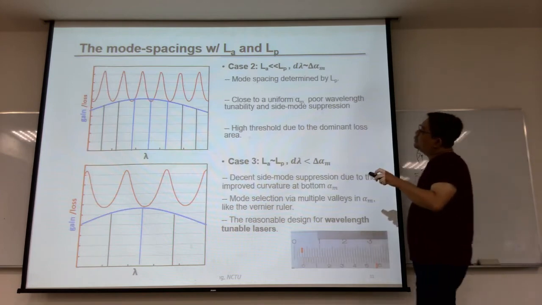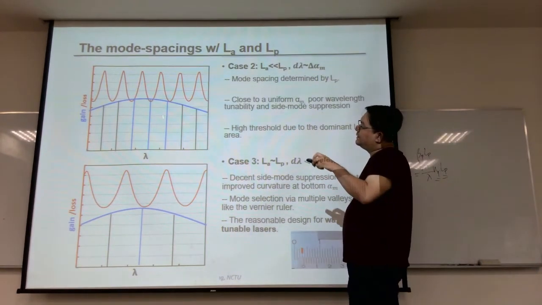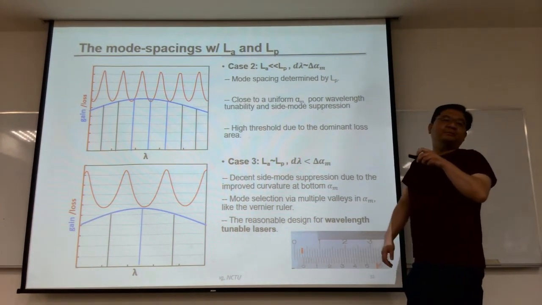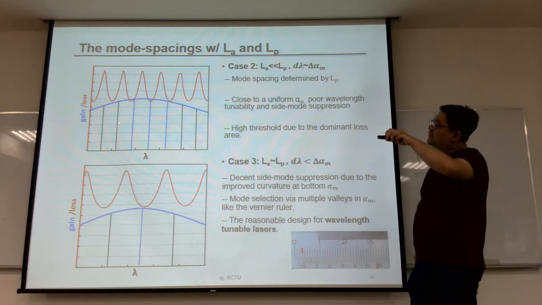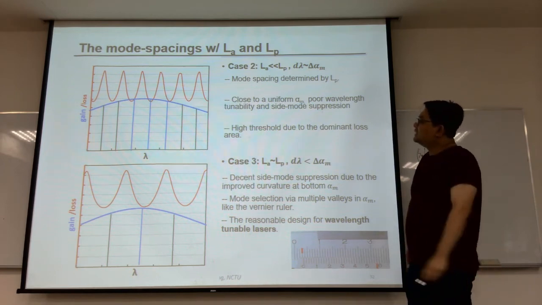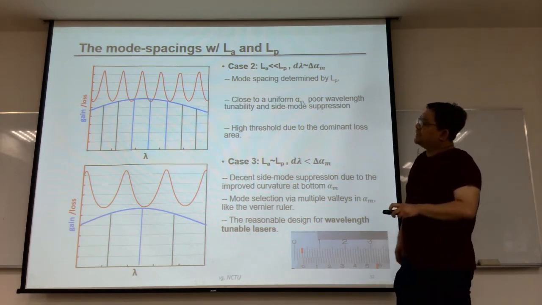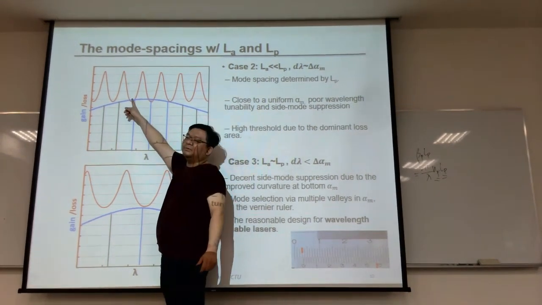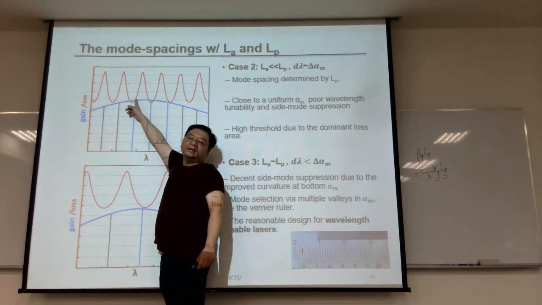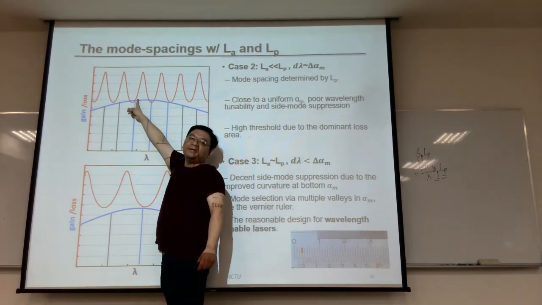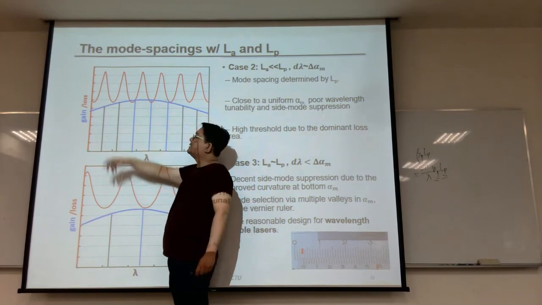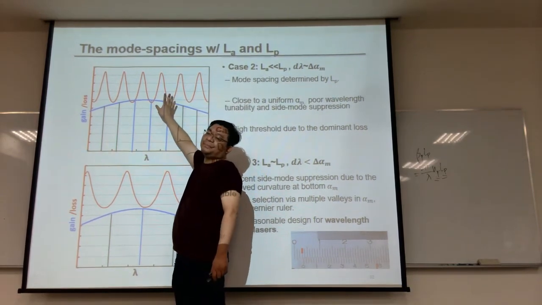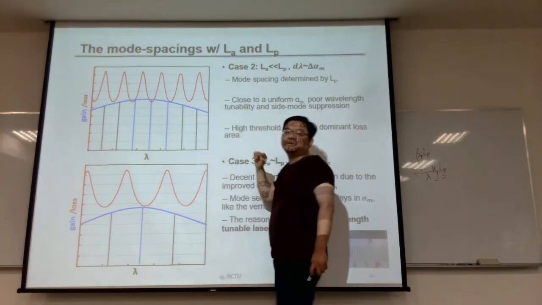In this case, you will get a loss spectrum pretty close to your gain spectrum, your optical mode spectrum. So this is not good, because the side mode might also meet another minimum value of the mirror loss. So the mode suppression will not be so effective. So it's actually not a good idea.